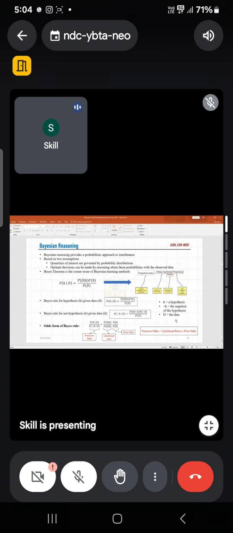You will get a better idea with an example only. This prior is only the representation of belief in the hypothesis before observing the evidence or data. So it is the prior only. So posterior odds we are calculating using the prior odds and the likelihood ratio.